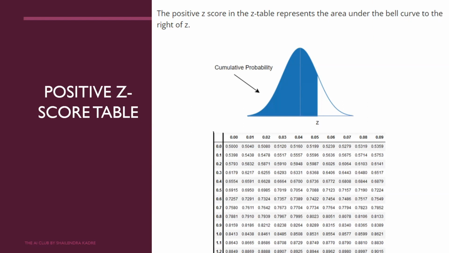Yes, sir. The total area under the curve is 1. So if the left-hand side represents less than or equal to 160, the right-hand side will represent greater than or equal to 160, right? 1 minus less than or equal to 160. So now you understand cumulative probability. Yes, sir. This area under the curve represents the cumulative probability.